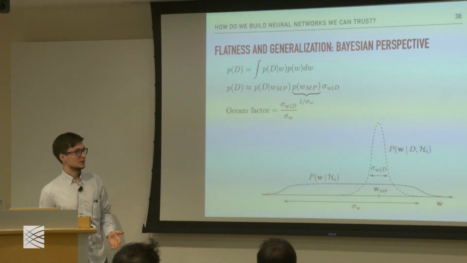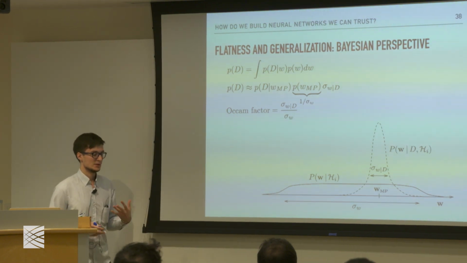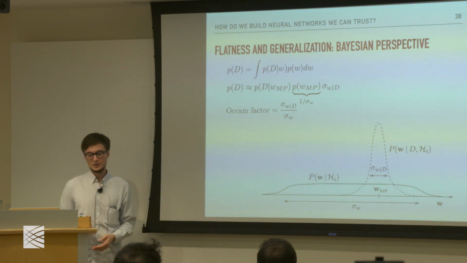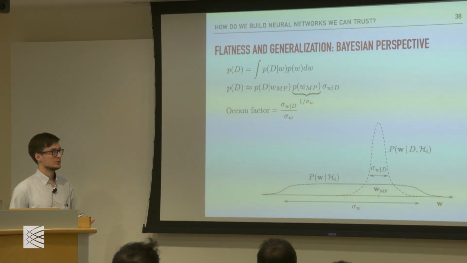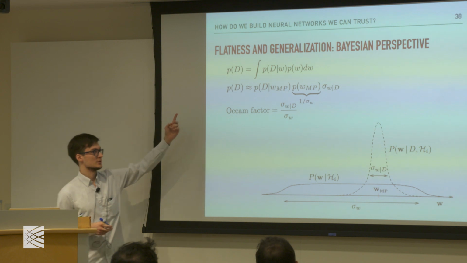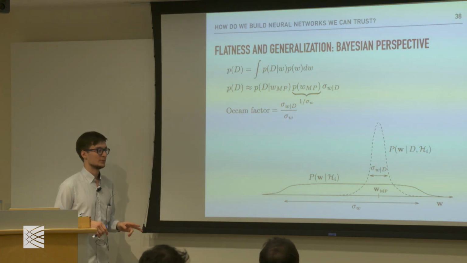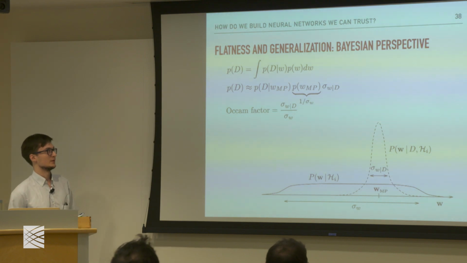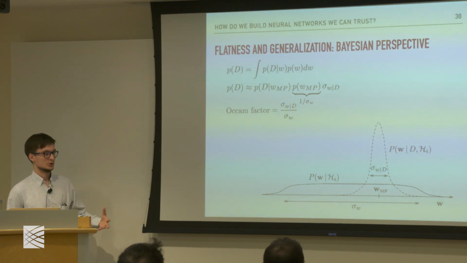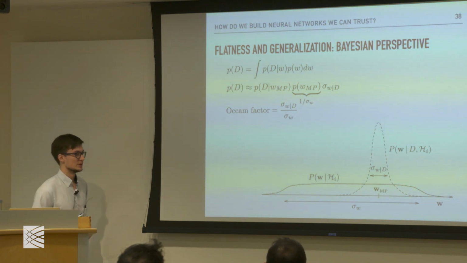It turns out that you can select the model that has the highest marginal likelihood, so the highest value of this integral. And if we make some very crude approximations, we can try to connect the value of the marginal likelihood to the width of the corresponding solution.